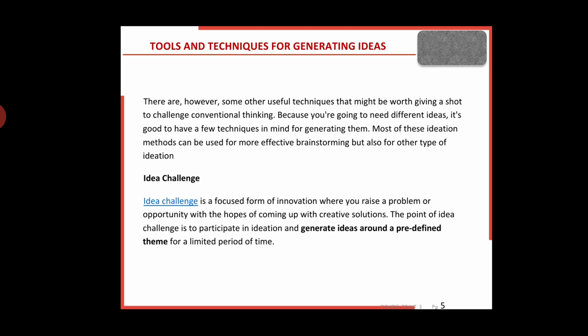It is the ability to form images of things that are not physically present. Ideation aims to use creativity and innovation to develop better solutions. We want to generate new ideas about a particular product around a predefined theme for a limited span of time. This is the concept of the idea challenge.